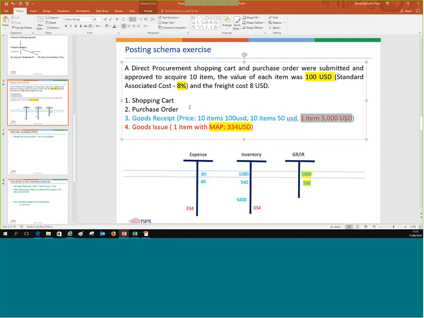They will say, oh, sorry, this product ID was not the correct one. They will remove this entry, and maybe the goods issue also they reverse. They reverse everything, and they think the problem is solved.